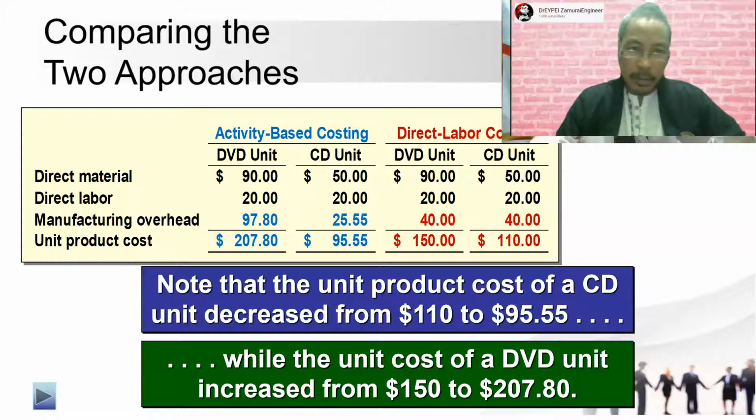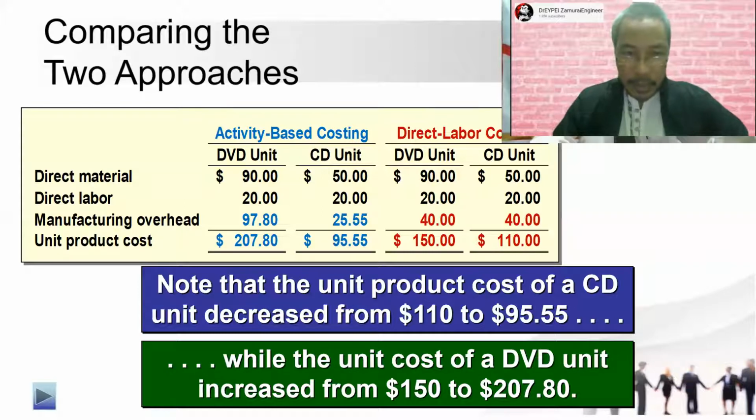Activity-based costing is colored blue on your screen, and direct labor costing is colored red. You can see direct material, direct labor. The third one is manufacturing overhead. We are computing the overhead, so we do not need to compare direct material and direct labor. We need to compare manufacturing overhead.